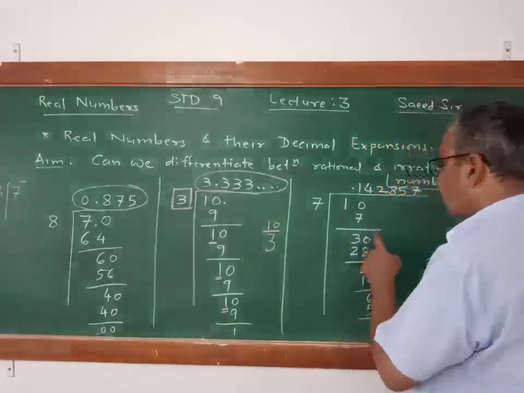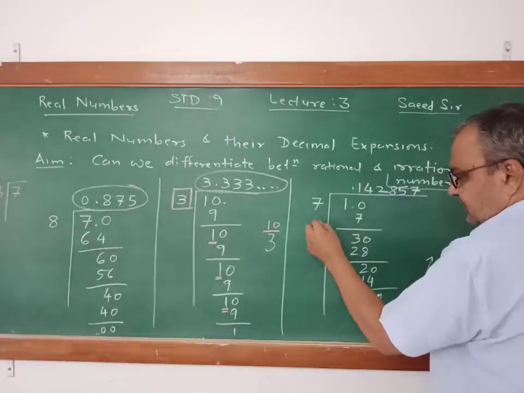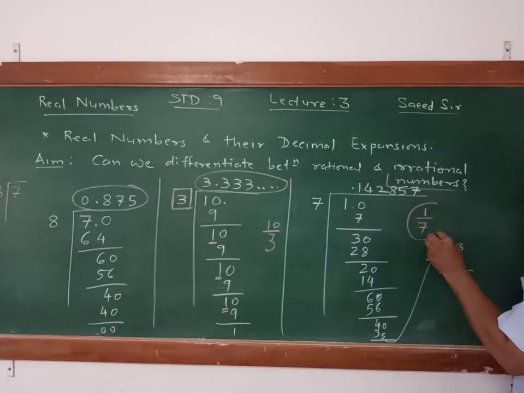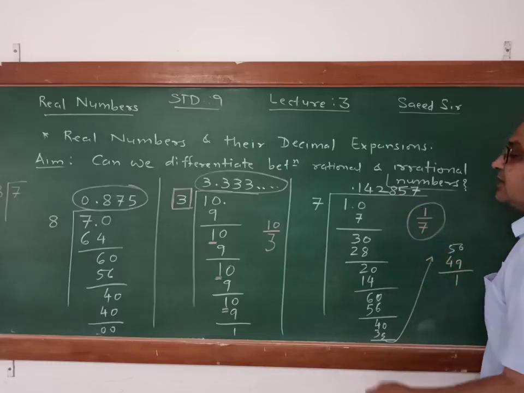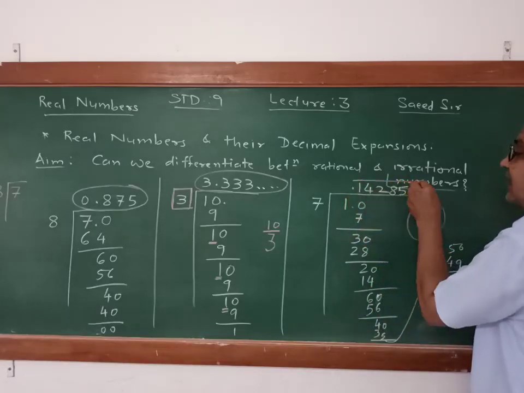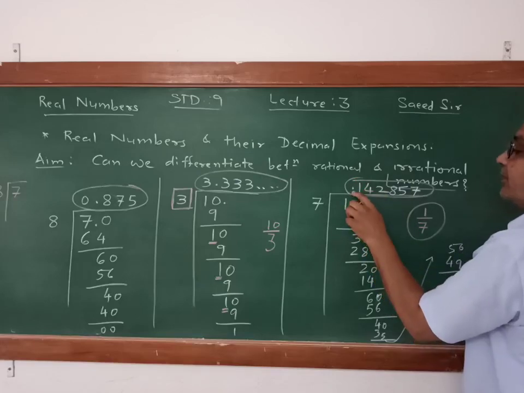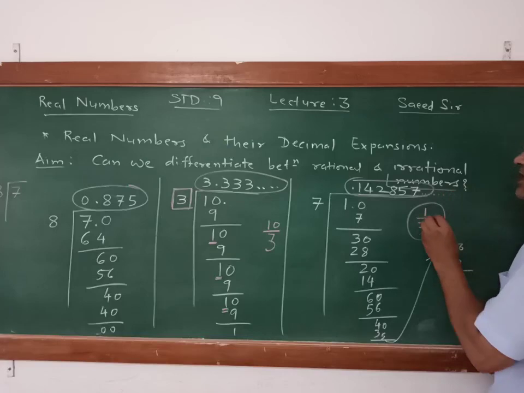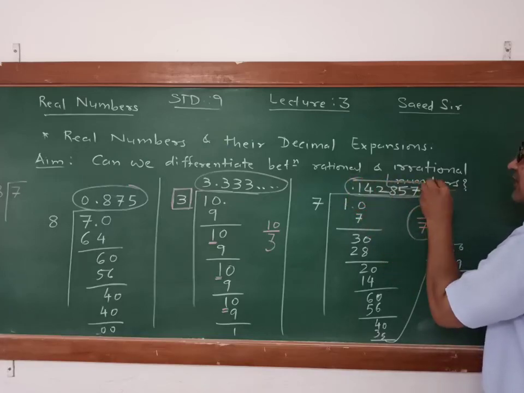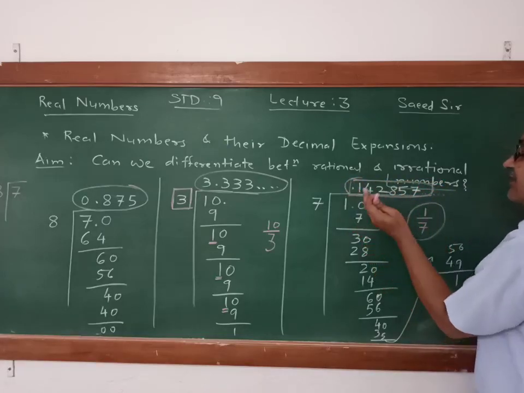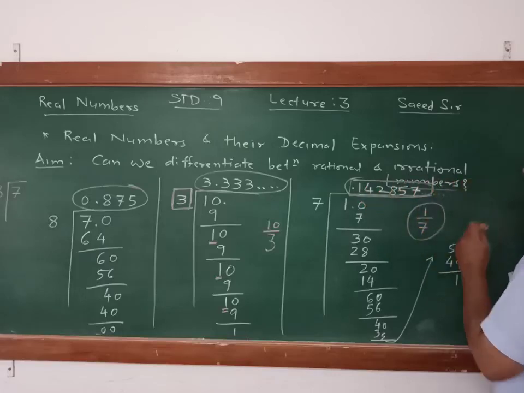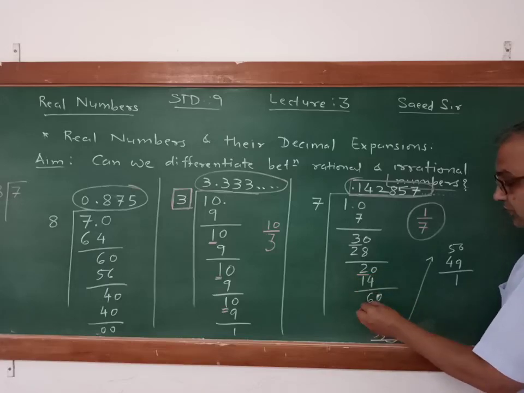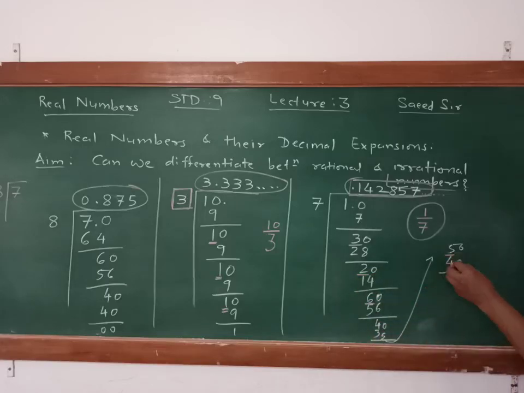Now in the third example, we divide 1 by 7. When we divide 1 by 7, the quotient will be like this, 0.142857 and it's also repeating. This is the same block and the same block repeats after. And we can see the remainders will be 3, 2, 6, then 5 and again 1.